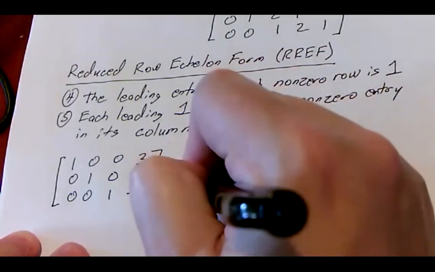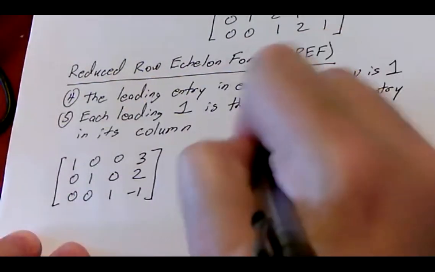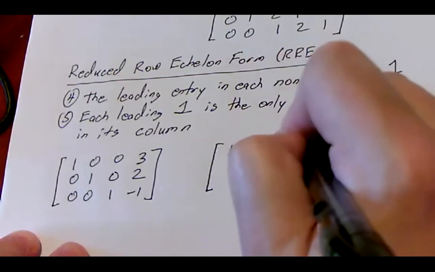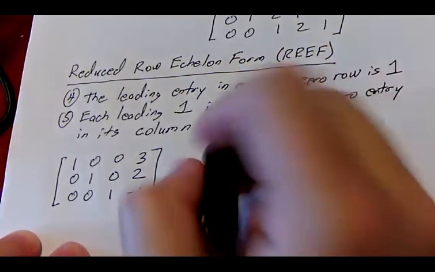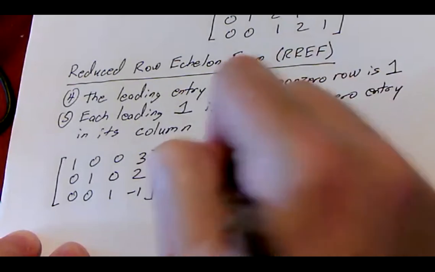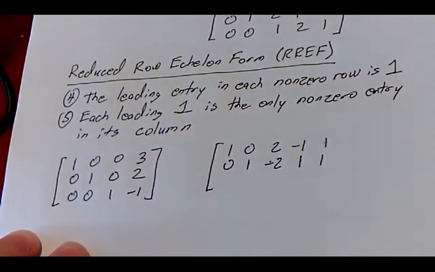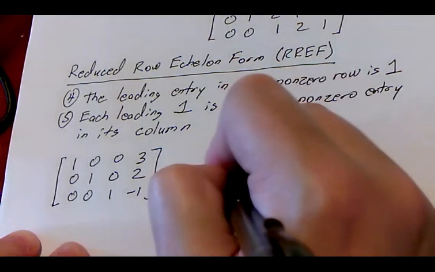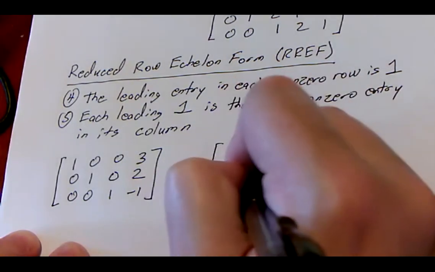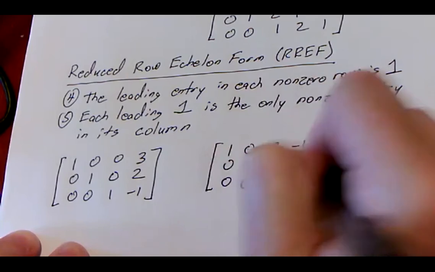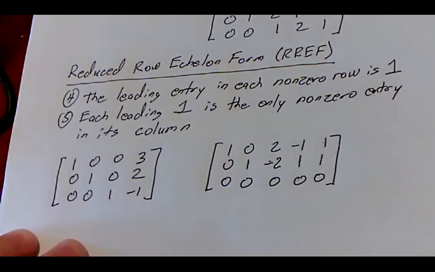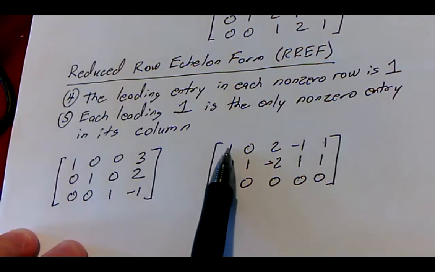Okay. Now we can also have some slightly more tricked up RREF matrices. Okay, so again, my only leading entries here are 1.